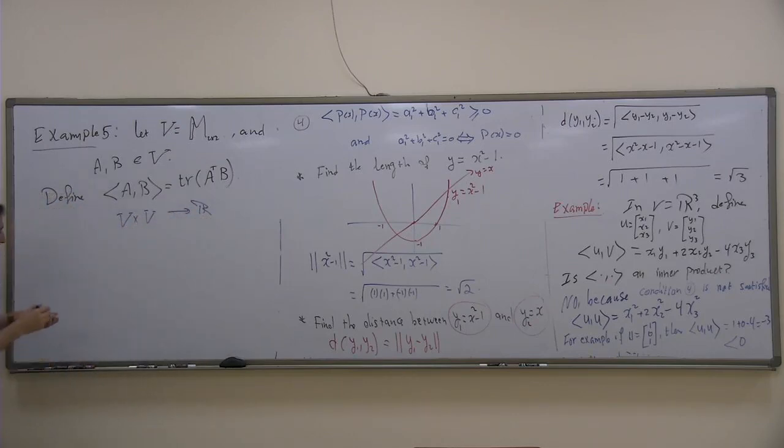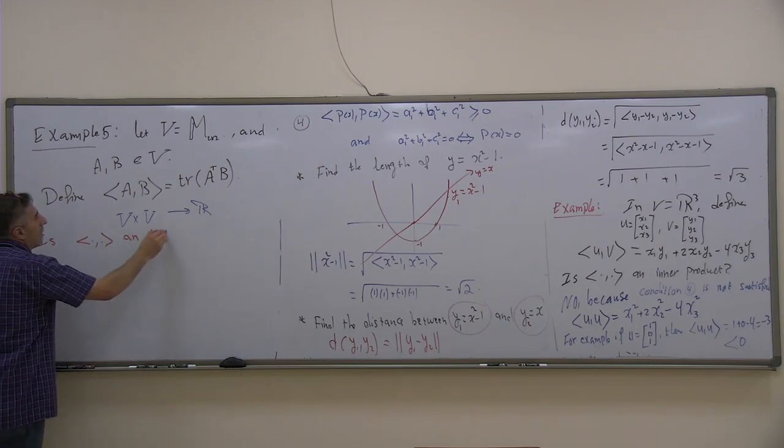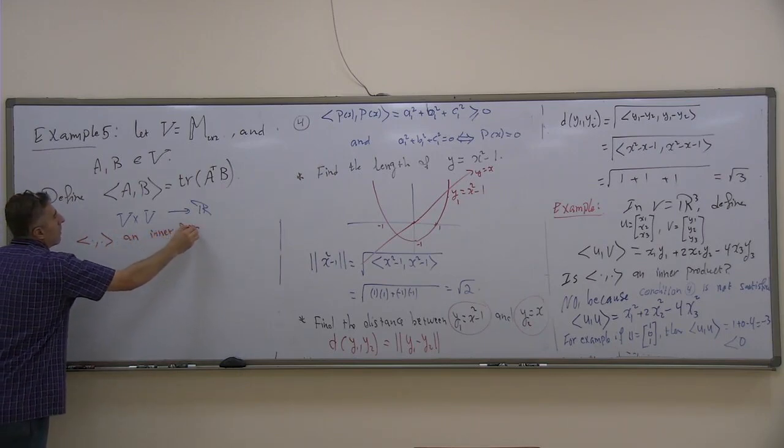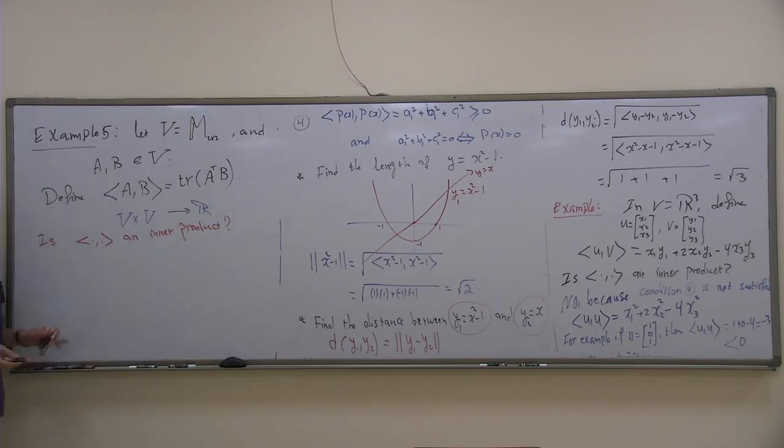Now, is this an inner product? So look here, I put dot dot when I talk about that in general, okay? So here I'm giving the formula for specific A and B, but here I'm talking about it in general. So is this an inner product?